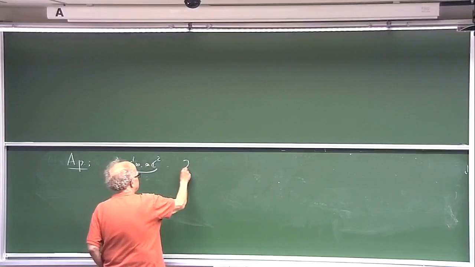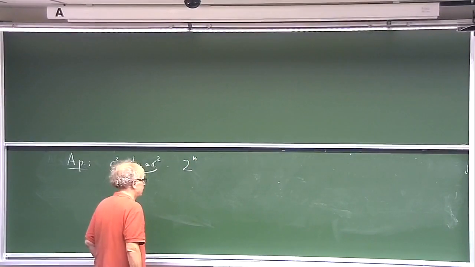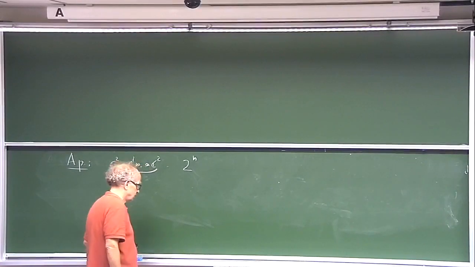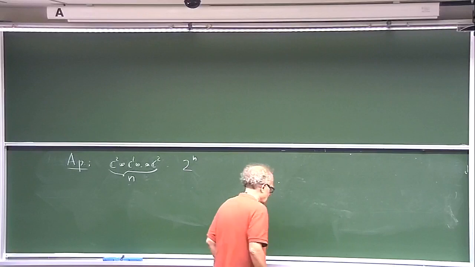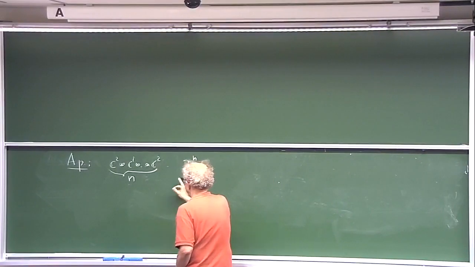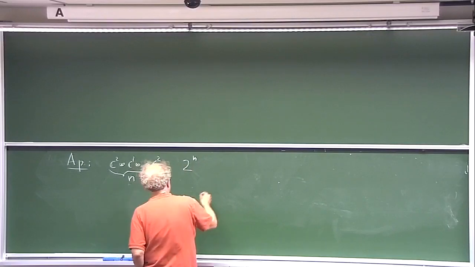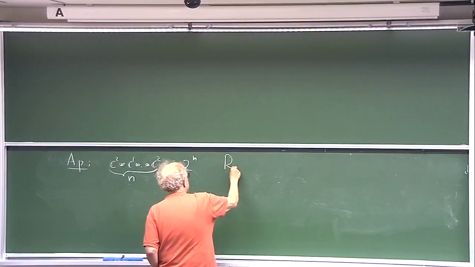As a result, it gives me some vector space of dimension 2 to the power n. So for any n, I get some vector space. Let me denote it maybe by Rn.